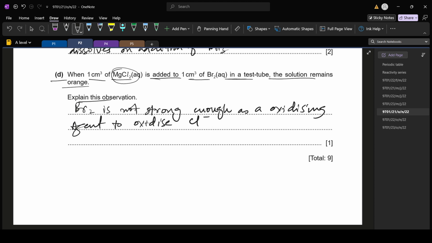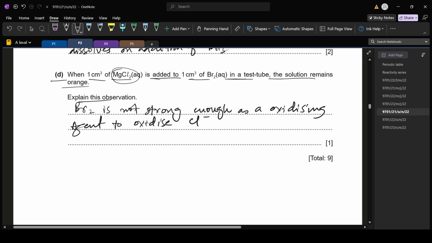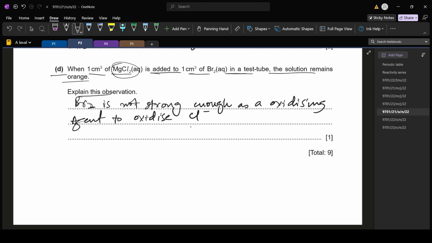Because down the group the reactivity decreases, because the distance between the nucleus and valence electrons increases, so the nucleus less attracts the incoming electrons. That's why chlorine is more reactive and bromine will not displace chloride ions.